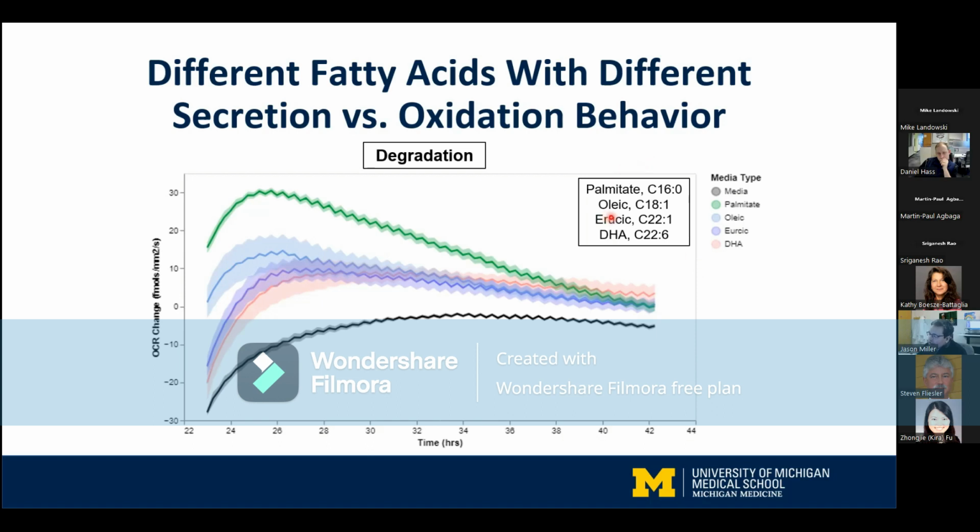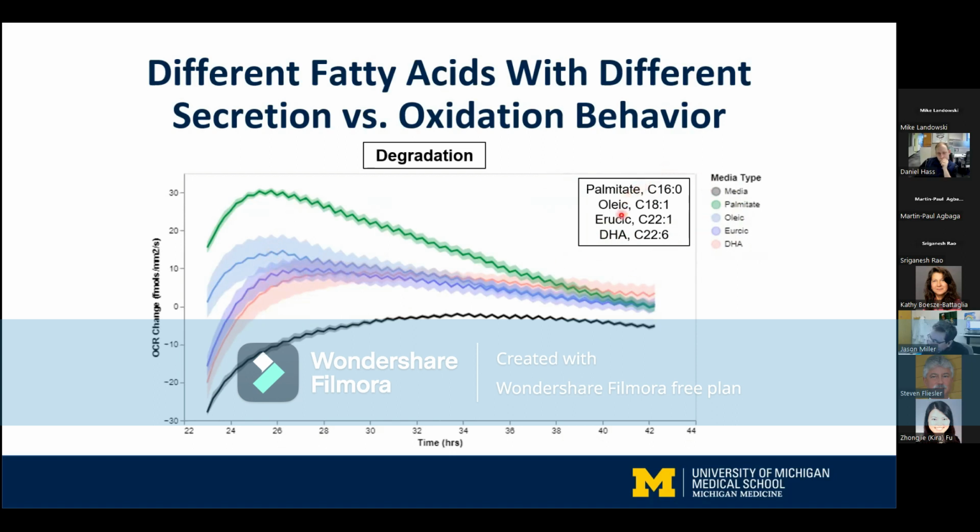If we put in erucic acid, or of course our favorite polyunsaturated fatty acid, DHA, we see some increase in OCAR, not as much as oleate, and certainly not as much as palmitate. These are all being put in at equal millimolar.